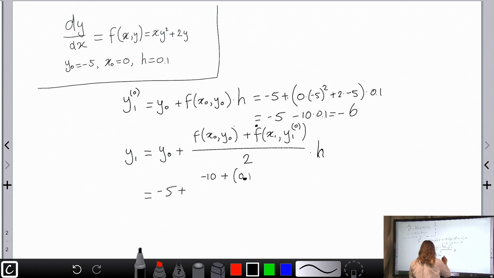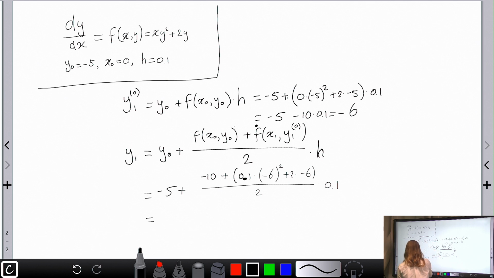0.1, which is x1, times y1, so we have -6 squared plus 2 times -6, divided by 2 times 0.1.